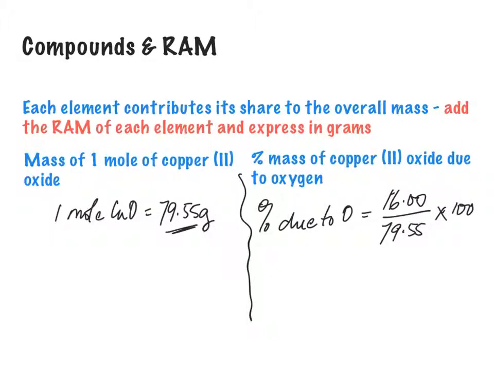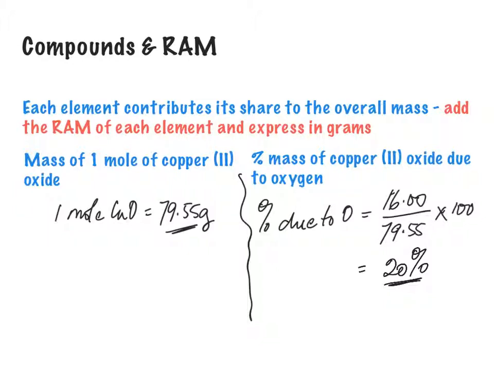So we can see this mass is due to oxygen, and this is my total mass, as we're after the percentage of the total mass. So there's my total mass of copper oxide, and there's my mass of oxygen. When I go through with that, I see that it's going to be very close to 20%.